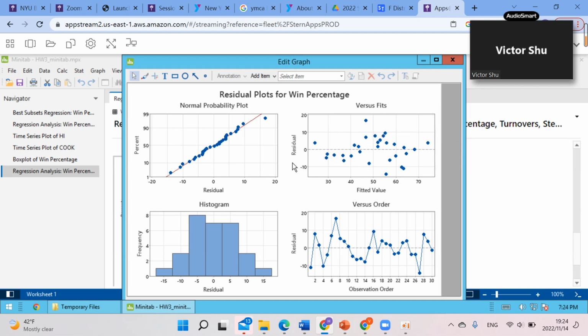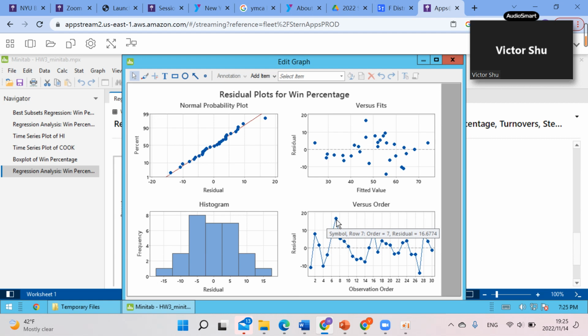And remember, from the Minitab output, I have two outliers, right? Observation number 7 and observation number 27. From this graph, maybe better from the residual versus observation order, I can actually locate where my 27th observation is.